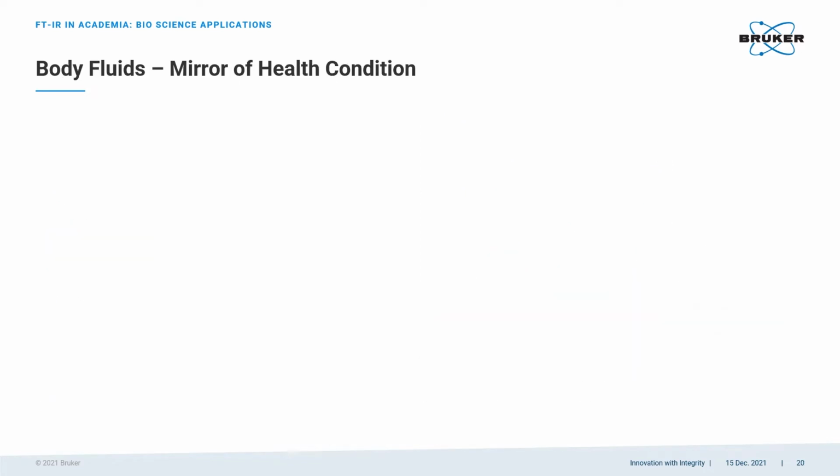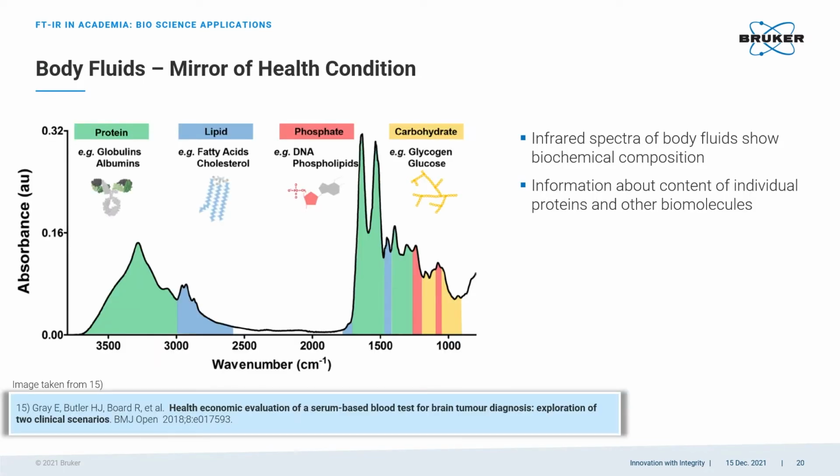However, biopharmaceuticals are samples that still have a very defined composition. But the same spectroscopic approach also can be applied on even more complex and variable materials such as body fluids. So that might be blood or urine or saliva, and the infrared spectrum of such a body fluid shows its entire biochemical composition.